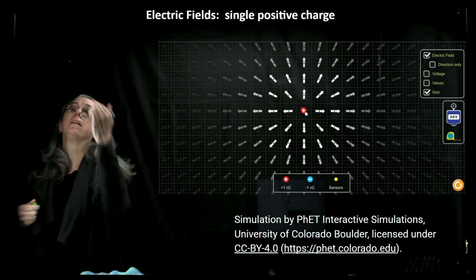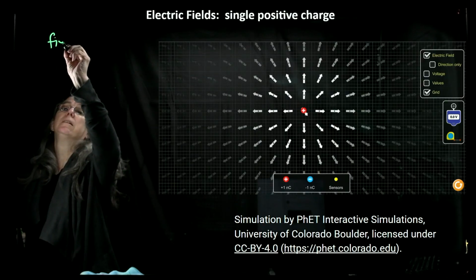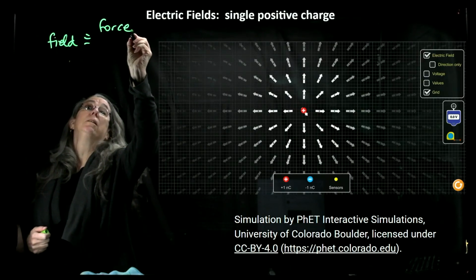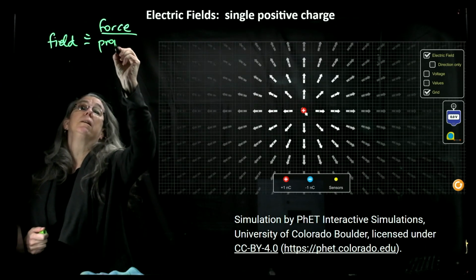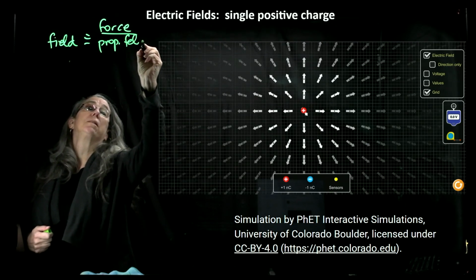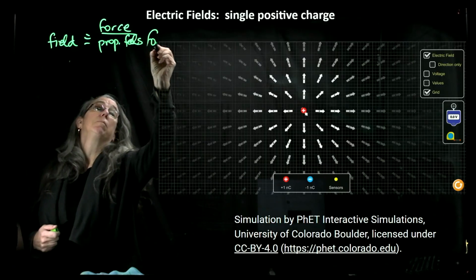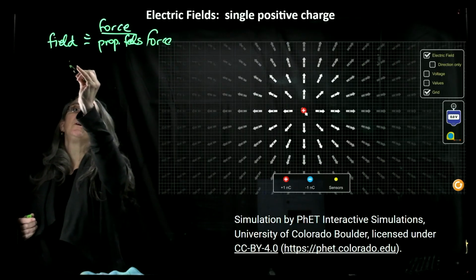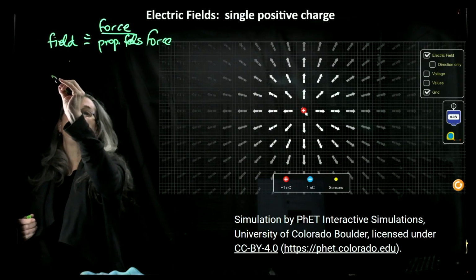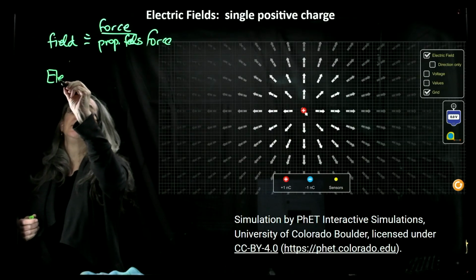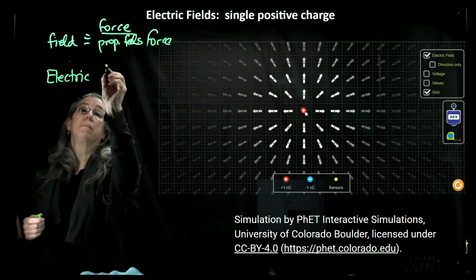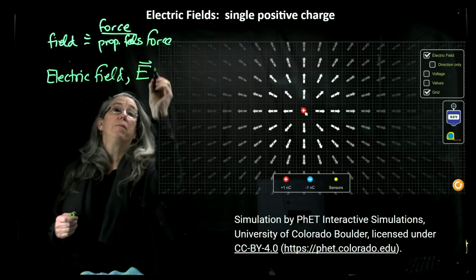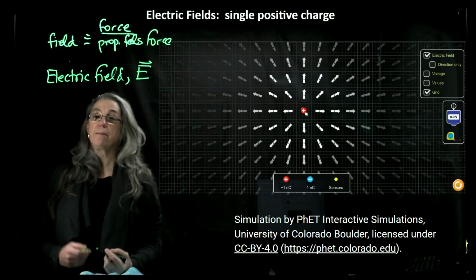So we had the field is the force over the property that feels the force. In the case of the electric force, we're going to use Coulomb's law, and we're going to use the letter E for the field. So the electric field is a vector, just like force is a vector.